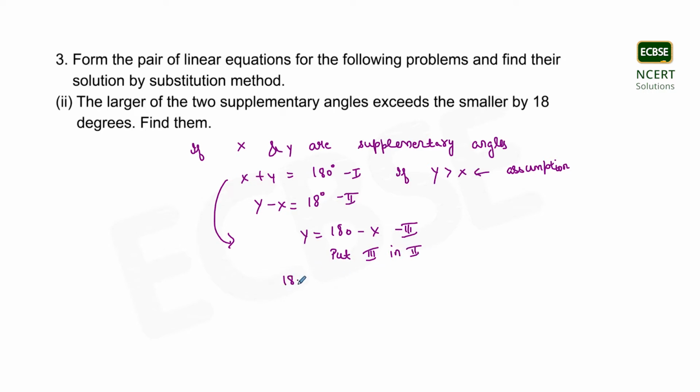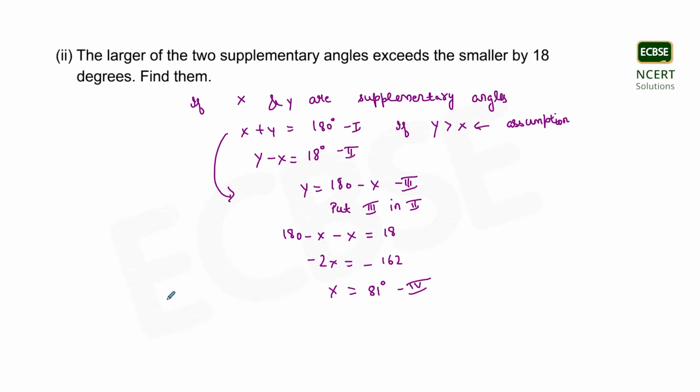So here it will be 180 minus x minus x is equal to 18, or minus 2x is equal to minus 162, where x value is equal to 81 degrees. Means angle x is equal to 81 degrees. So in order to find the value of y, that is angle y, we will substitute this value of x in the third equation.